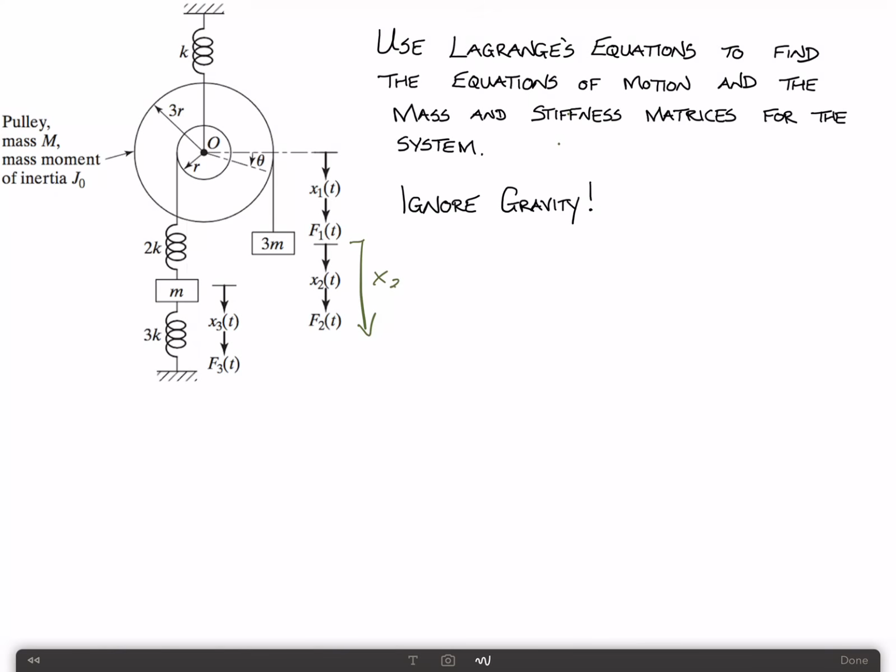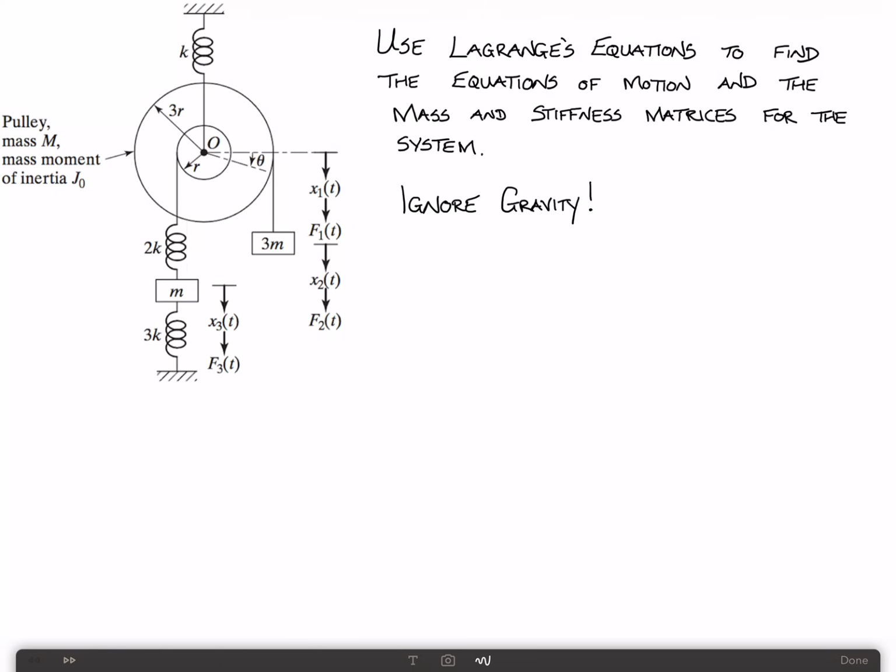This is x2 here. So it should be noted that 3m displaces as a result of x1, and also as a result of the pulley displacing by an amount theta. That causes this mass to displace. Those two displacements combined give you x2.